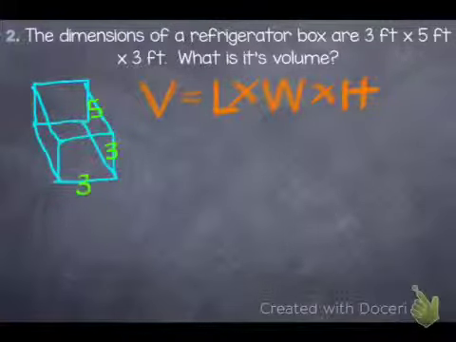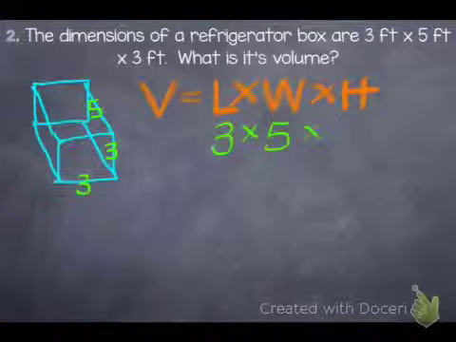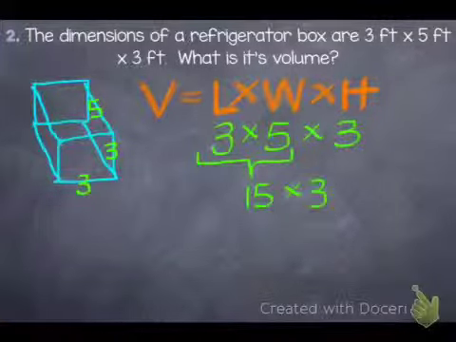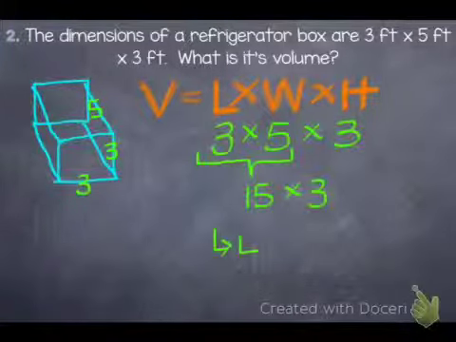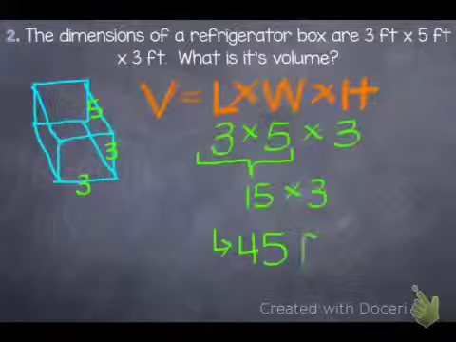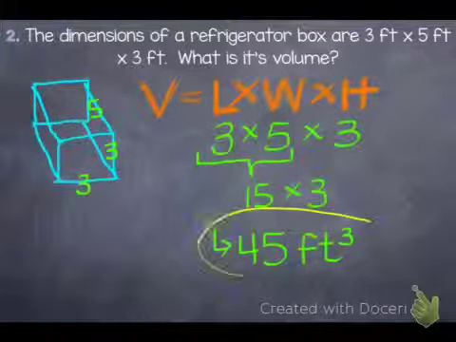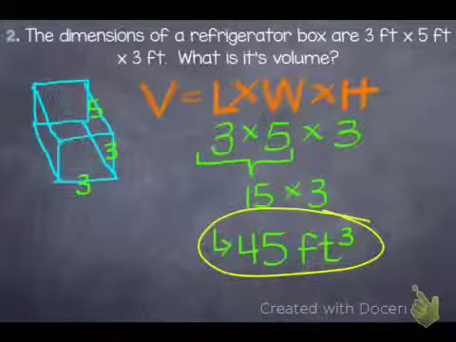So we will substitute 3 by 5 by 3 and start multiplying together. So 3 times 5 is 15. Bring down times 3, and that is going to make 45. And we are measuring in feet, and these are going to be cubic feet because we are finding volume. So that's our answer.